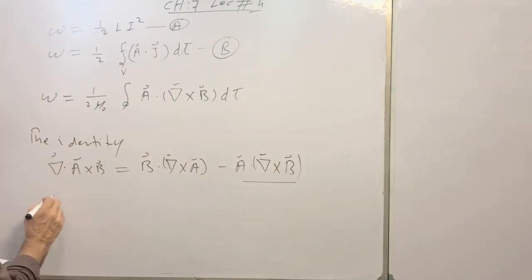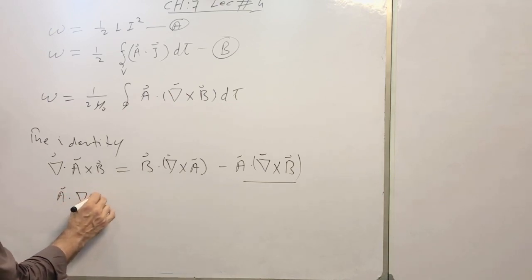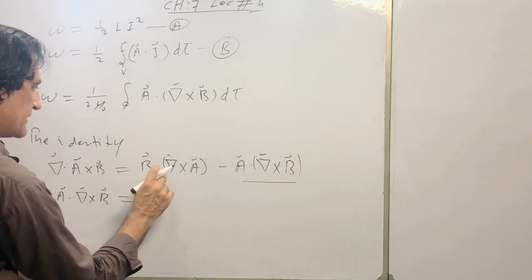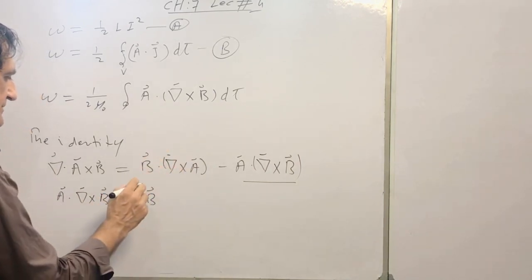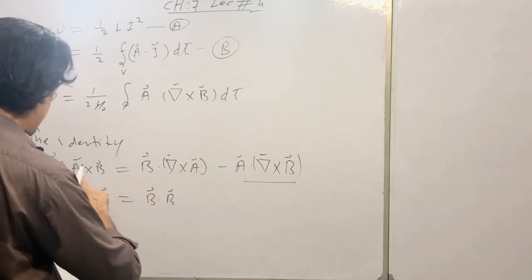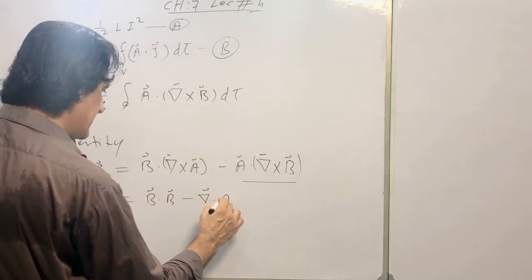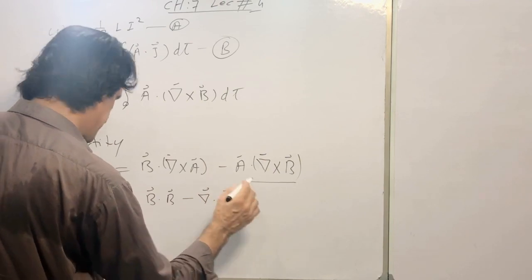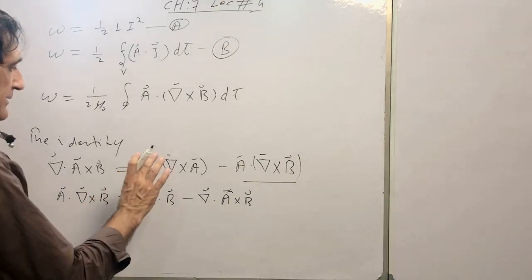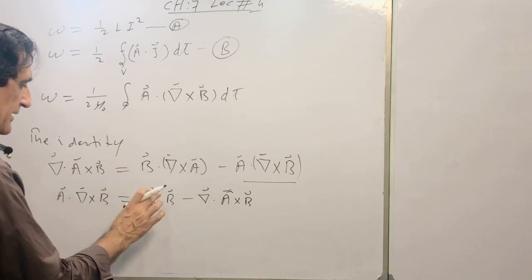Then I will take this from this side: A dot del cross B is equal to B dot del cross A, and this must be minus del dot A cross B. We have this value calculated from this identity.